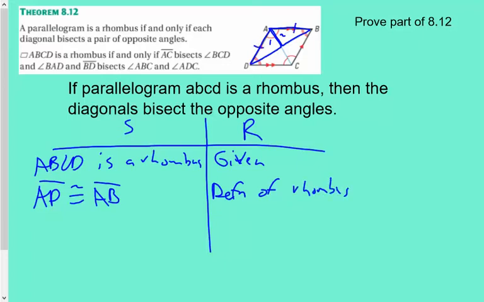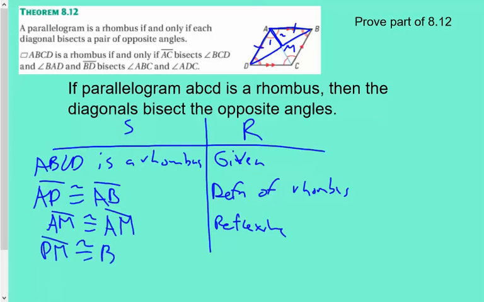And then this proof is actually extremely similar to the other one. AM is congruent to AM, reflexive. And DM is congruent to BM, and that is the diagonals of a parallelogram bisect each other.